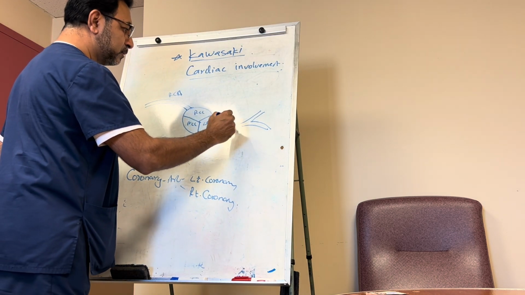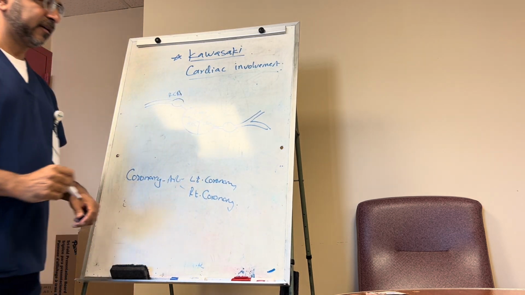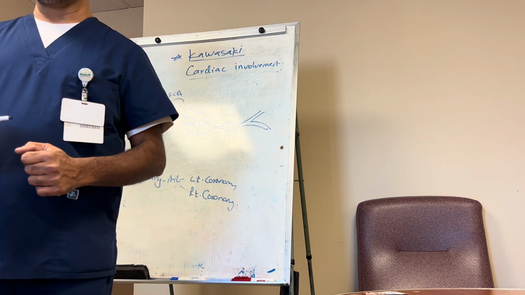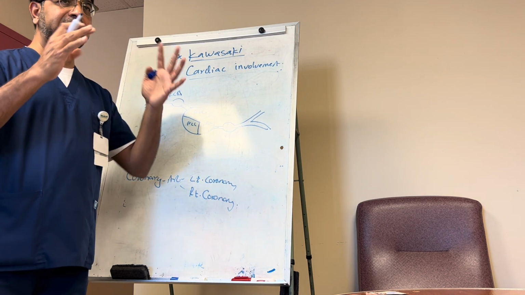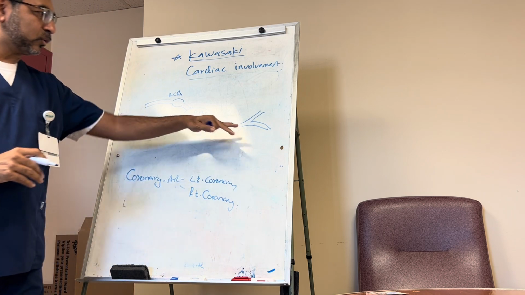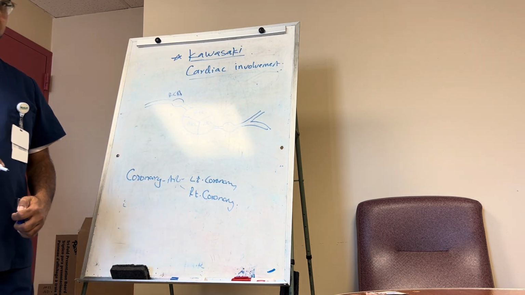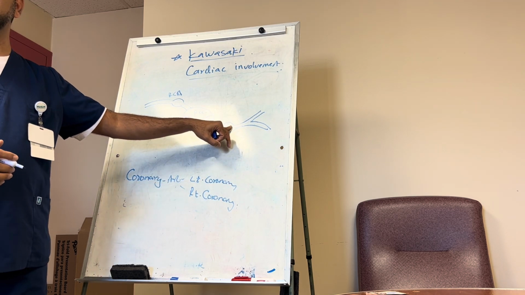So this is how you tend to have coronary artery aneurysms. You can have different types, saccular type, fusiform type, or just one part of the coronary artery is involved, and stuff like that. But usually this is how they look.